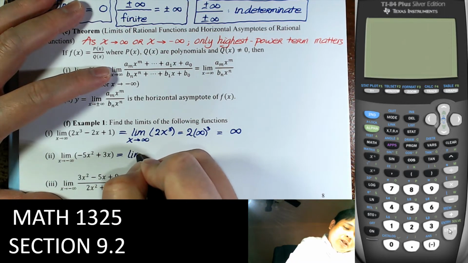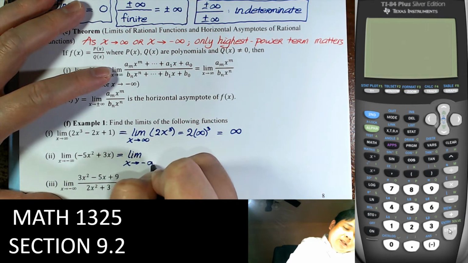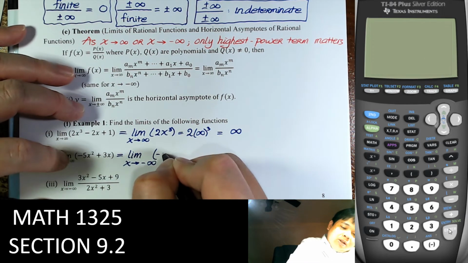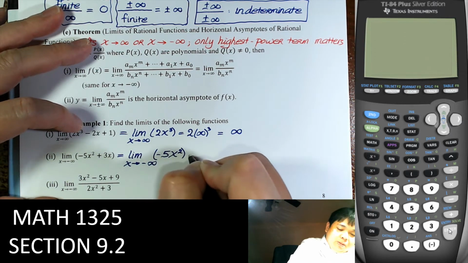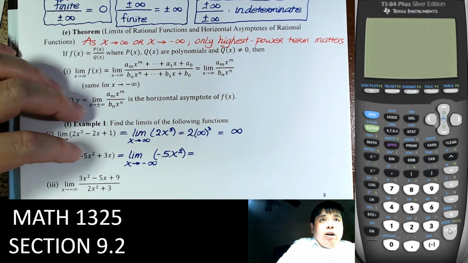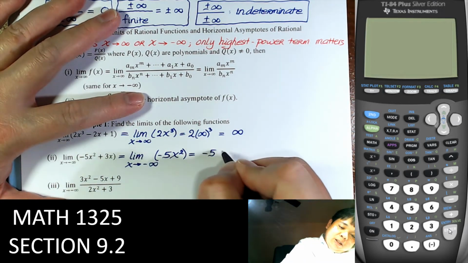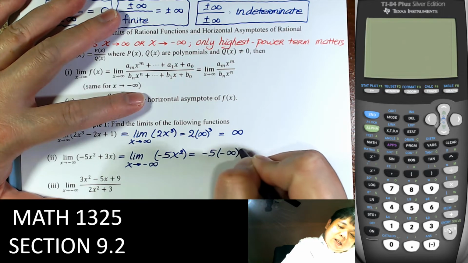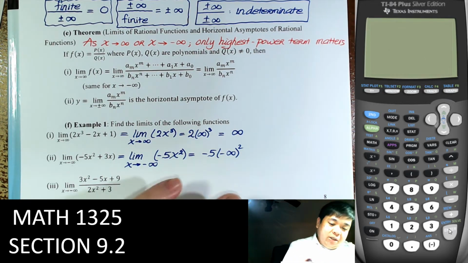On this one, as x goes to negative infinity, with a polynomial like this, only the one with the highest power term matters. So I just take the highest power term, and then substitute in the limit and see what happens. This time we can just say equal to, because we can get something from it.